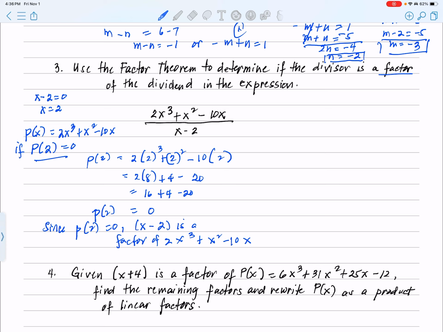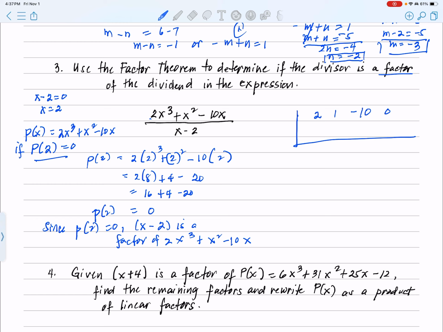Now we can use this information to fully factor the expression. Since the divisor is x minus a, and our divisor is linear, we can use synthetic division. We put the coefficients in the table: 2 is the coefficient here, then 1, then negative 10, and 0 for the constant.